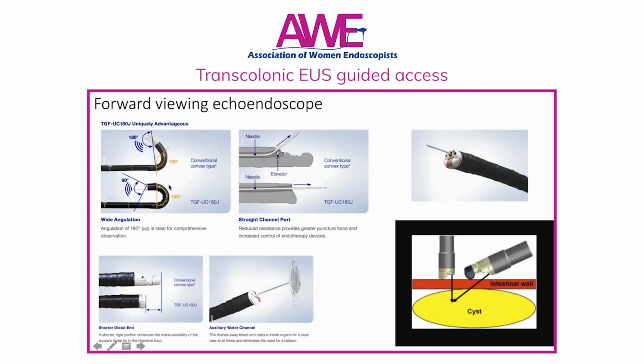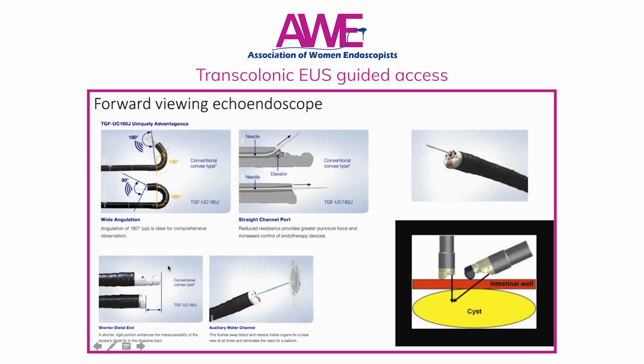So the angulation in the forward viewing scope is excellent at 180 degrees as compared to 130 degrees, but there's a compromise in the ultrasonic view, whereby in the forward viewing scope it is only a 90 degree, whereas in our conventional linear echo endoscope we have a 180 degree view.